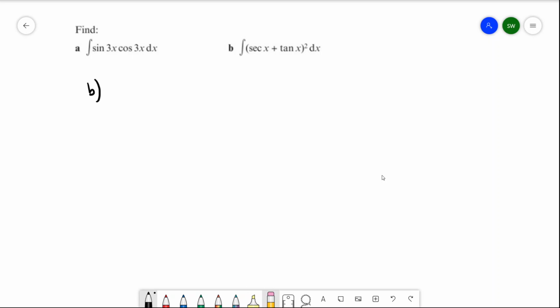In order to integrate b, I don't really know how to integrate this, so I'm just going to expand the bracket. So I'm going to get sec squared x plus 2 sec x tan x plus tan squared x.